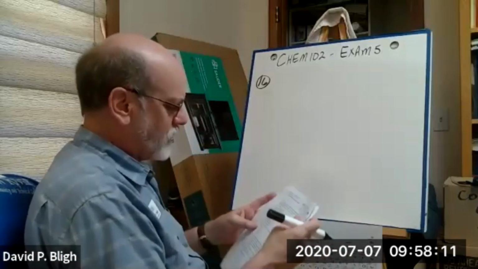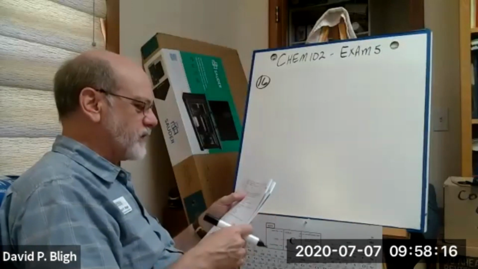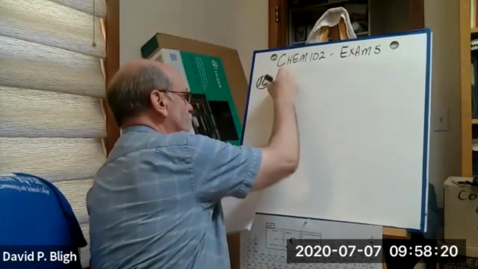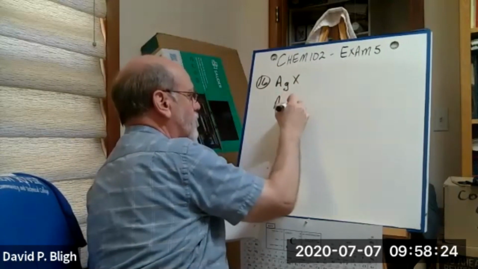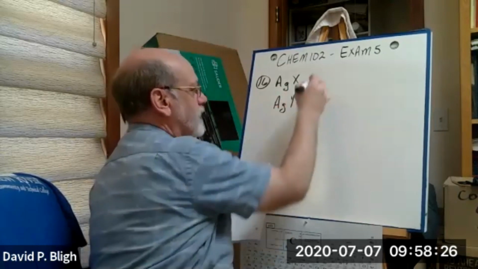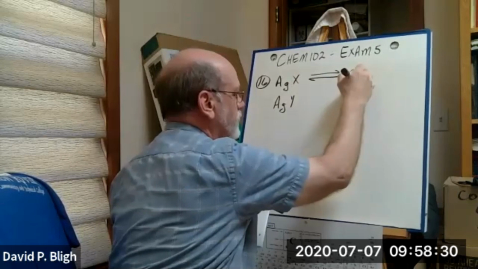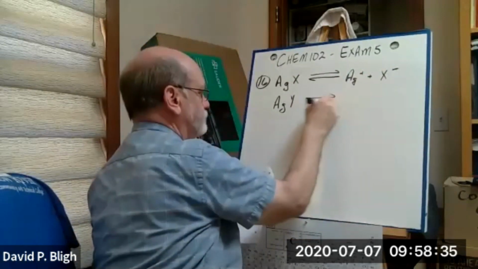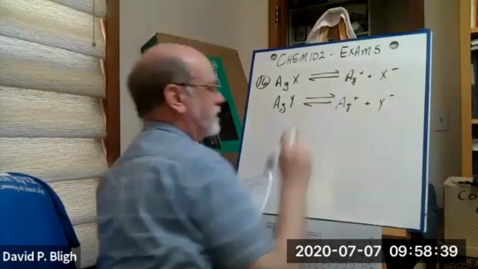So what are we given? We have two salts. They have very similar solubilities in water. The silver salt, that's this one, and this one. Okay. So what do they produce? In solution, they produce one of these and one of those. There we go.